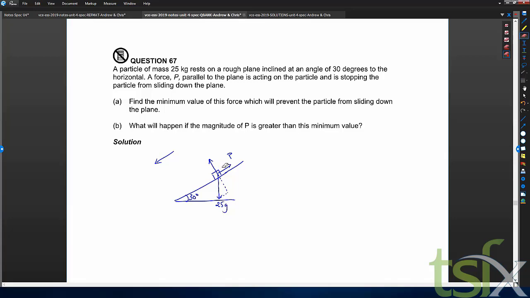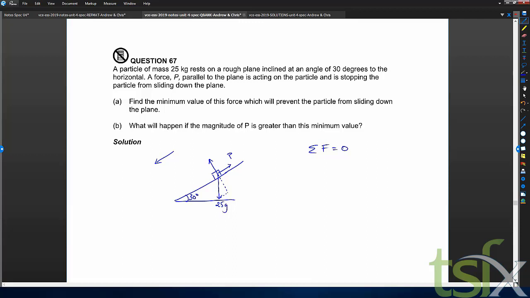So it's at rest, so the sum of the forces is 0. I read this question earlier and I didn't really see friction was entered in there, so it's really a little bit of a furphy. So it's at rest, so it's not moving.